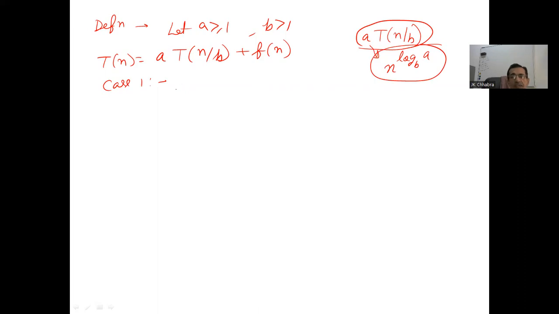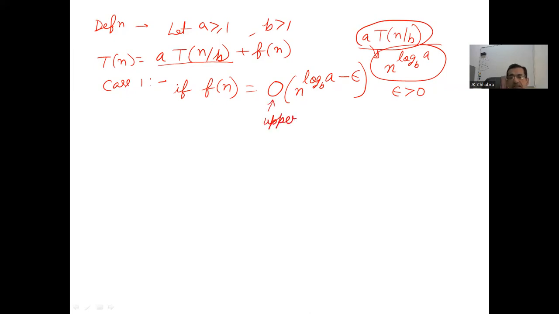So the first case will be if my Fn is less dominating. That will mean I will say if my Fn is big O of n power log b a minus epsilon, where epsilon has to be greater than 0, some positive value. This effectively means that a T of n by b is going to contribute the n power log b a complexity, but Fn has value less than this, and I said upper bound.